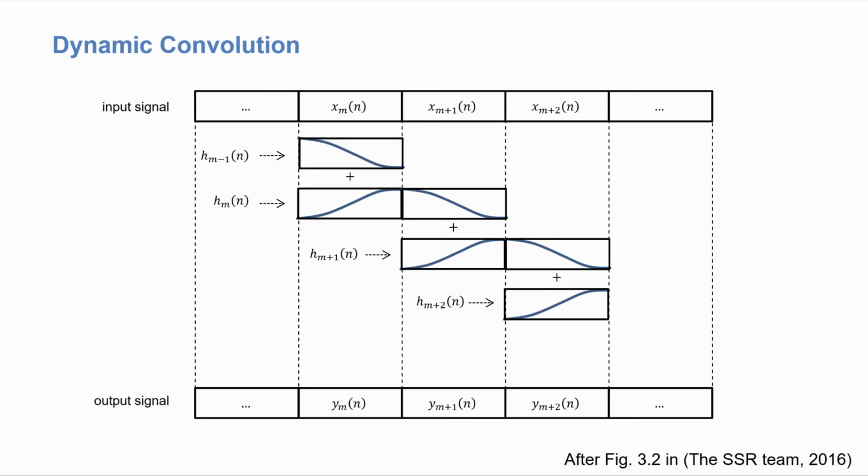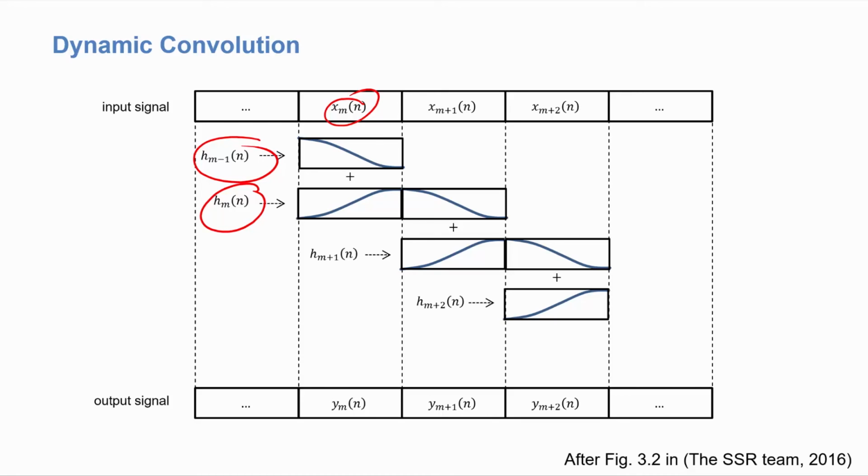Our input signal frames are again depicted at the top, and the output signal frames are depicted at the bottom. When you want to replace the impulse response h index m-1 with another impulse response h index m, we convolve the current signal frame x of m with both the previous impulse response h index m-1 as well as separately with the updated impulse response h index m.